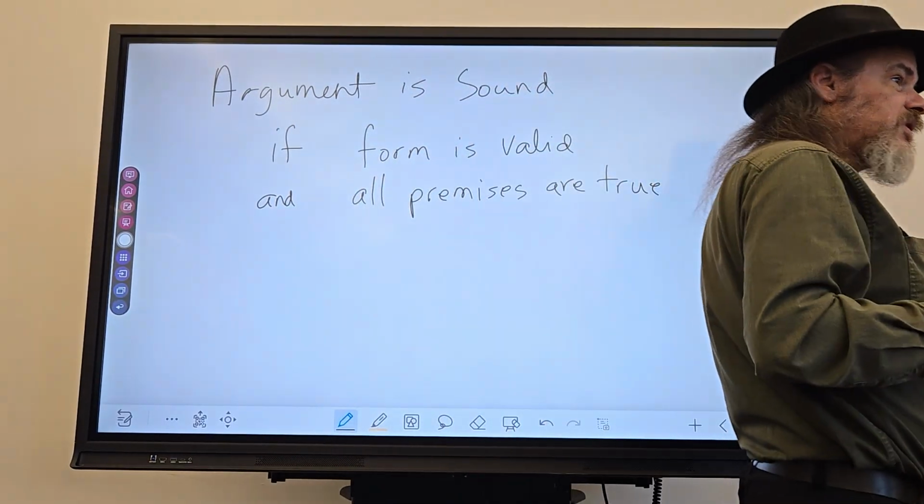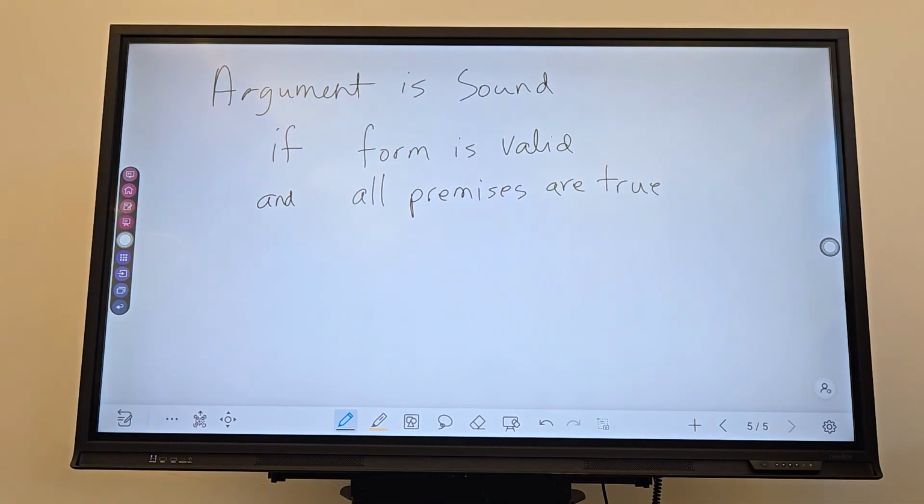And of course, if the argument is not sound, then it is called unsound. Kind of a gimme there. But it has to have a valid form, and all the premises must be true.